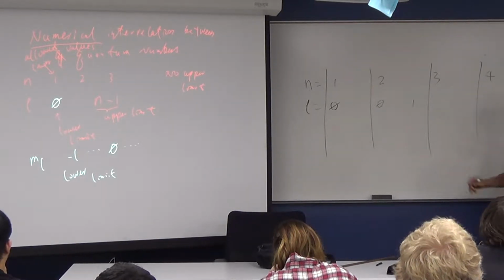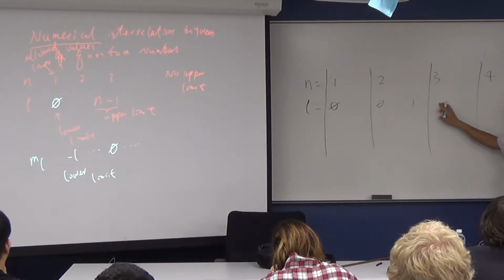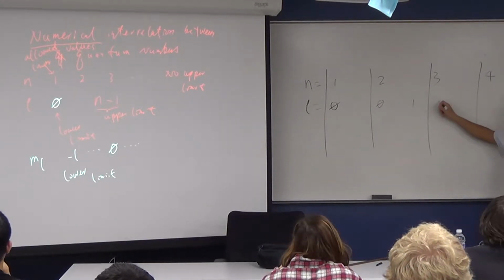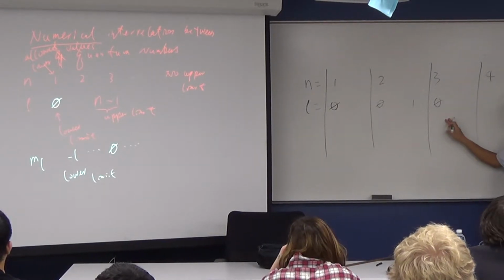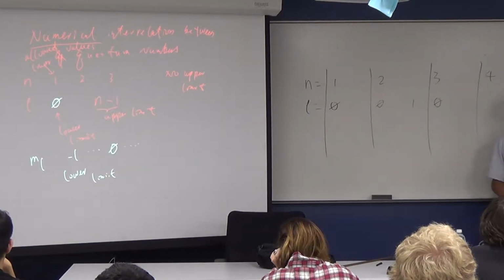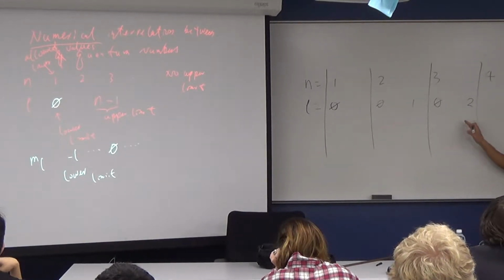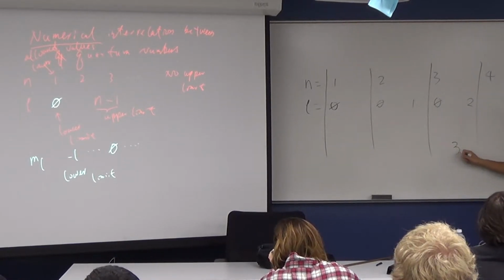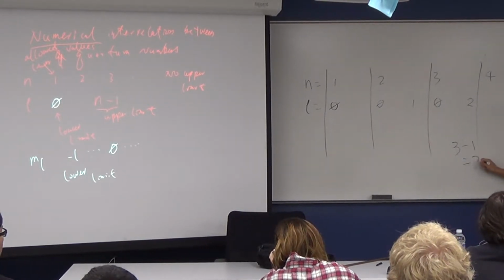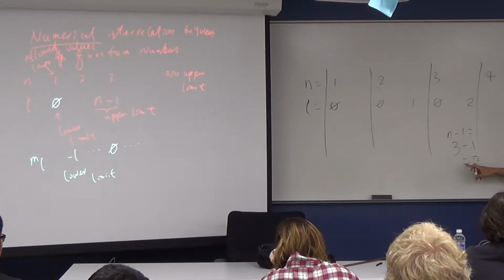Alright, very good. So what will be the possible values for L if n is 3? You start from 0, the lower limit. What will be our upper limit? 2. So 3 is n, and 3 minus 1 is 2. This comes from n minus 1.